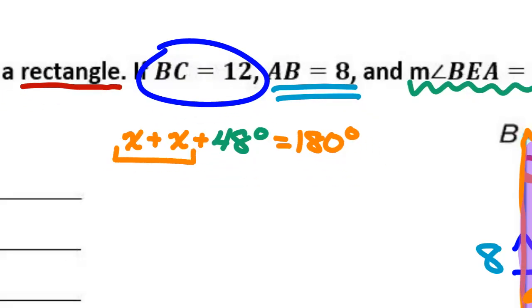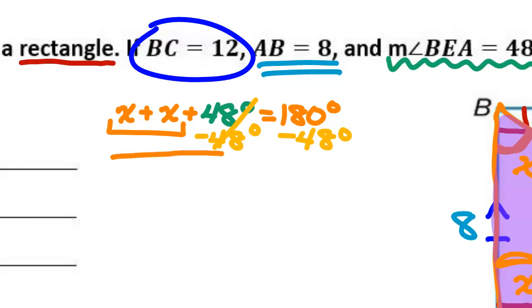So I'm going to combine these two together, and I'm going to subtract 48 from both sides. So it cancels out on the right. On the left, I still have X plus X, so that would be 2X equals, and then 180 minus 48 is 132 degrees.